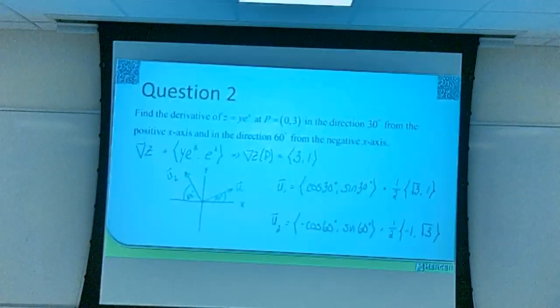Cosine squared plus sine squared is always 1. So if you write it in the form of cosine theta, sine theta, it's guaranteed to be unit. You don't need to worry about making it unit, which is why the definition gave it to you in that form.